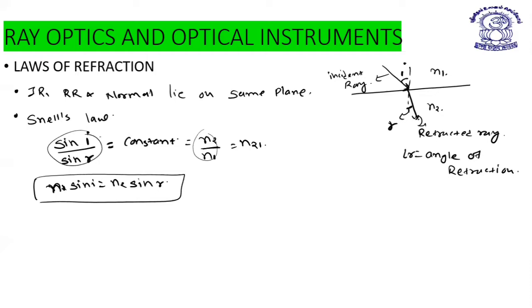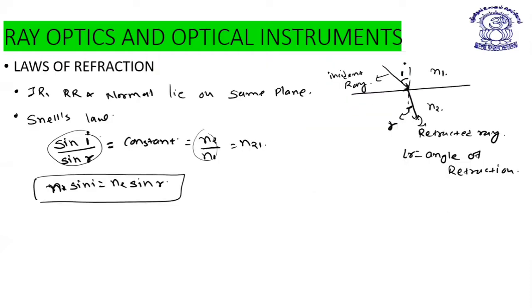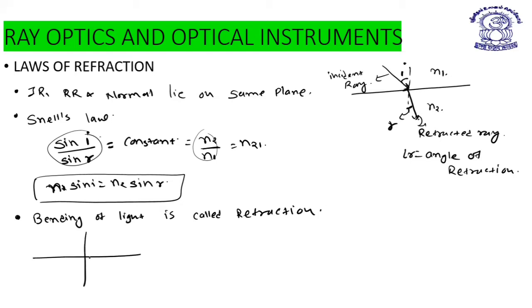Here, we know that as light travels from one medium to another medium, it will change its path, it will change its direction. So basically, it will bend. So we can also define bending of light as refraction. We can have two possibilities of light bending.